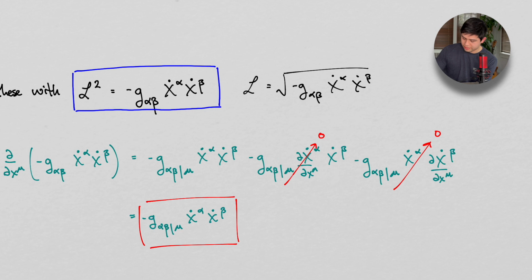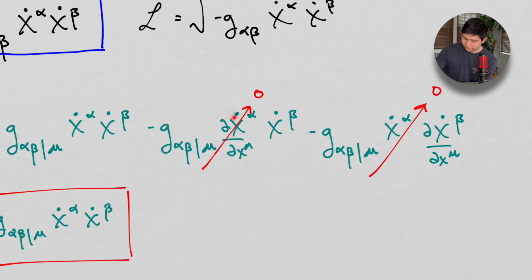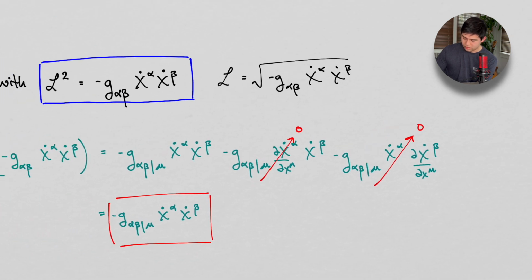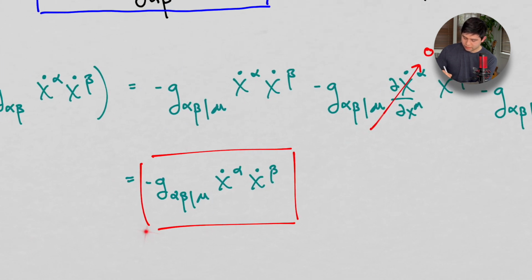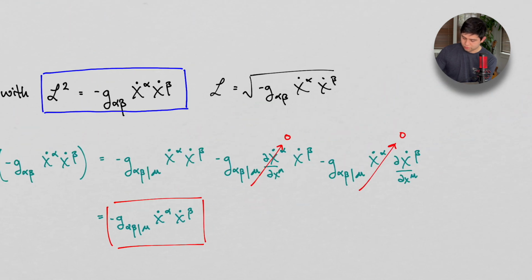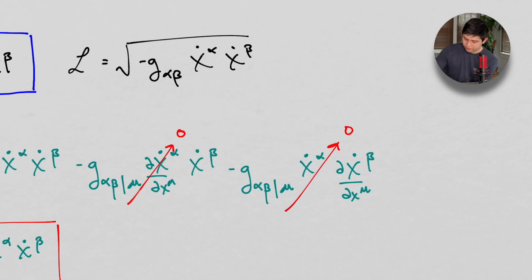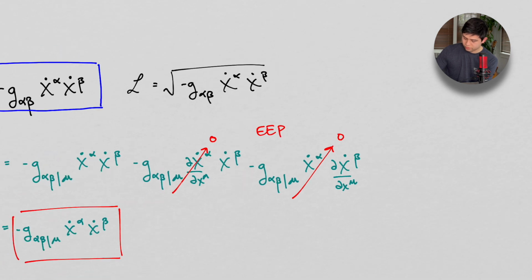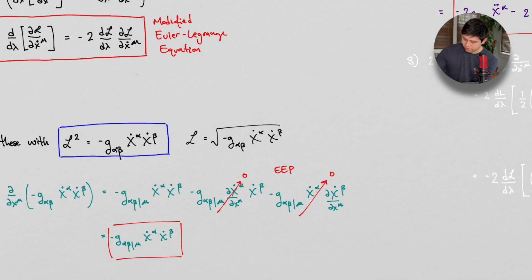So you're taking the derivative of something, this is the acceleration, right? This is the Einstein equivalence principle. And so we get this guy right here. So I'll just write this down. The argument here is the Einstein equivalence principle. All right.